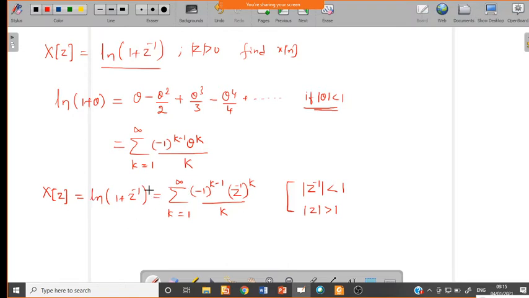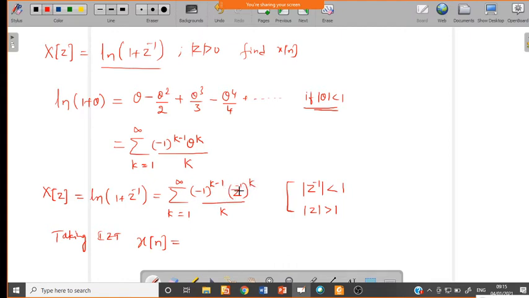So now we can take the inverse z transform to get x of n. So what can we write for x of n? Here it is z power minus 1. In terms of delta we can write z power minus n or z power minus k.